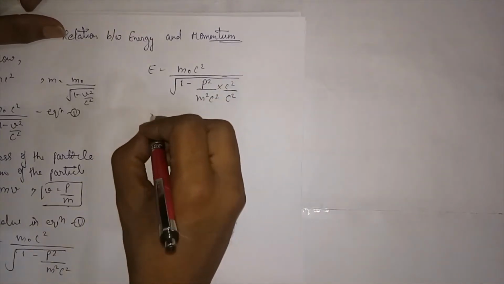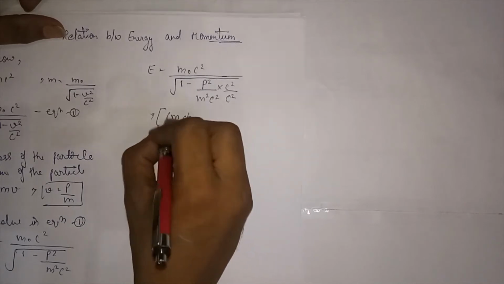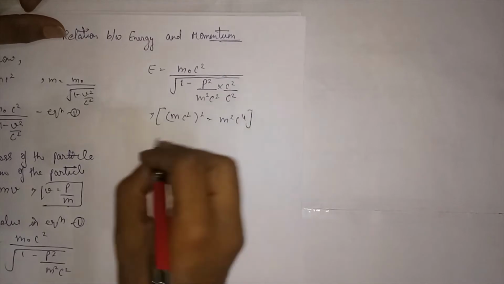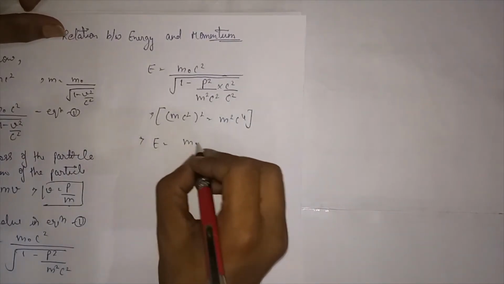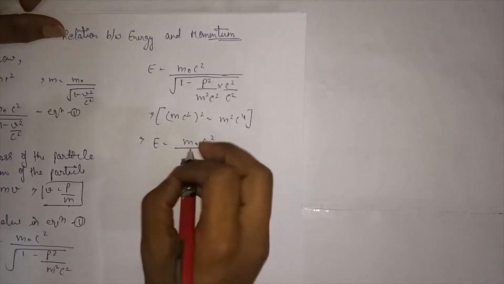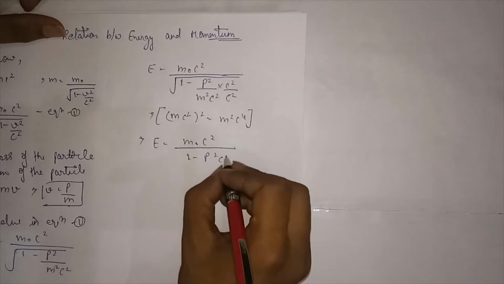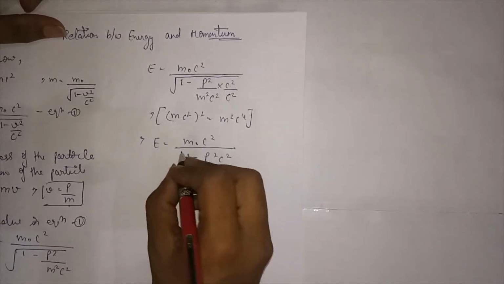Now we know that mc square whole square equal to m square c to the power 4, and using this we get E equal to m naught c square upon under root 1 minus p square c square upon mc square whole square.